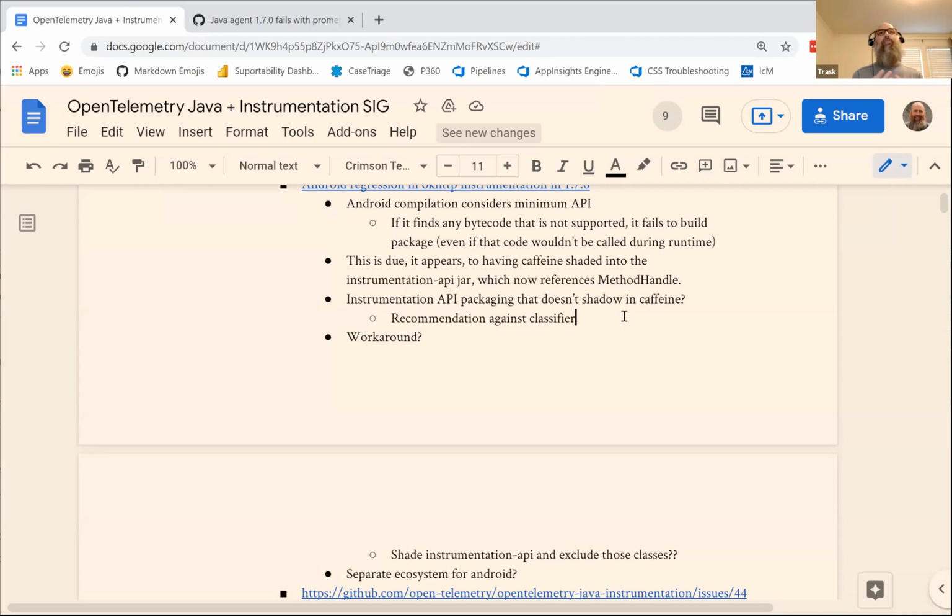Oh, so we have both caffeine 2 and caffeine 3 shaded inside of the instrumentation API jar.